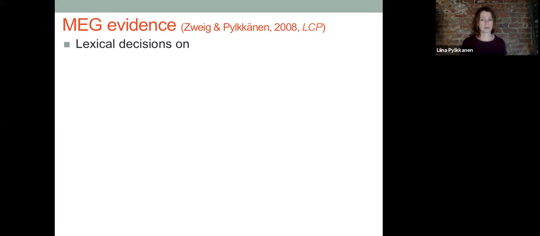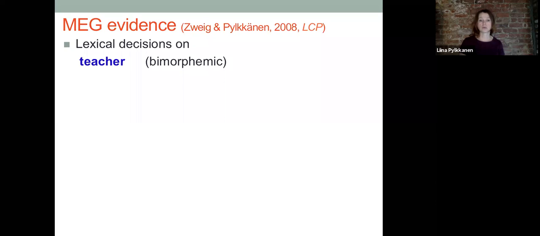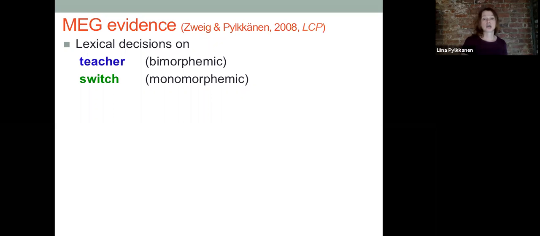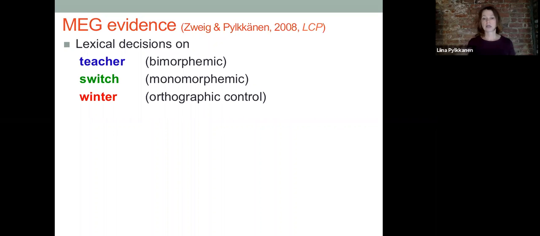So there's no priming in this study. Just super simple, the subjects are either reading bimorphemic words like teacher, so two morphemes, teach-er, which decomposes into those two parts, versus something that's just a single morpheme, switch, versus, and this was our orthographic control, winter.